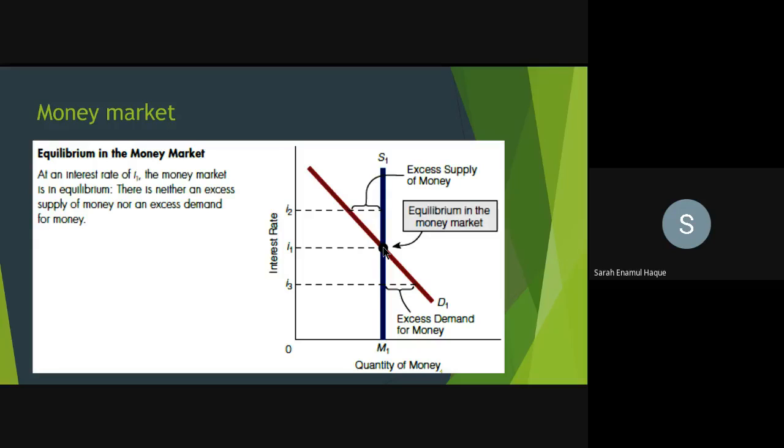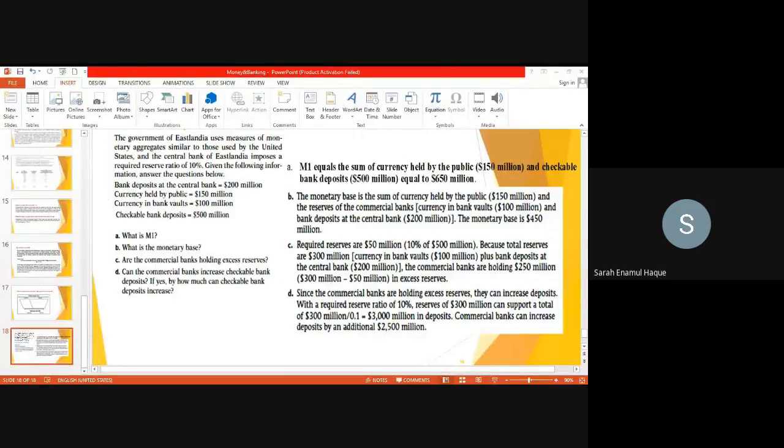There is equilibrium, so the quantity demanded is equal to quantity supplied. We don't have any more time, so we can end our class here at slide number 4. In the next class we will continue from here, and hopefully we will be able to finish this chapter.